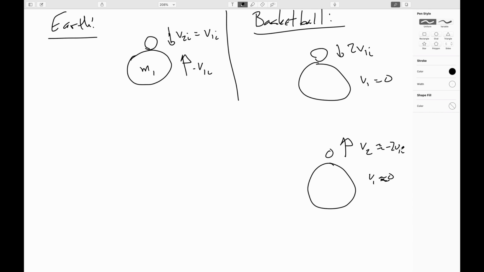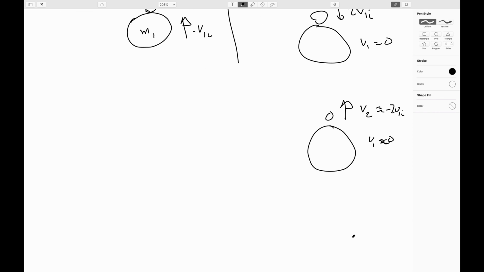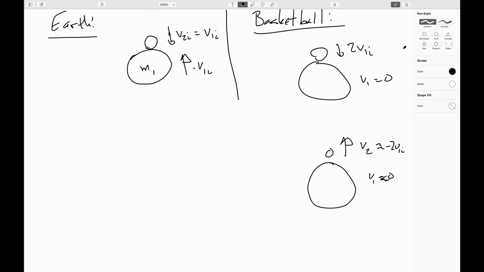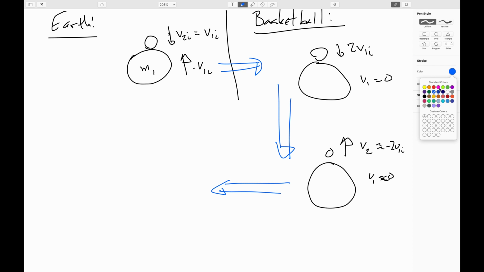Okay, so now with that, we can go ahead and shift perspective one more time. First, we shifted perspective going from Earth to basketball so we could think about the collision in the frame of the basketball. And now we're going to shift back to the perspective of an observer on the Earth.